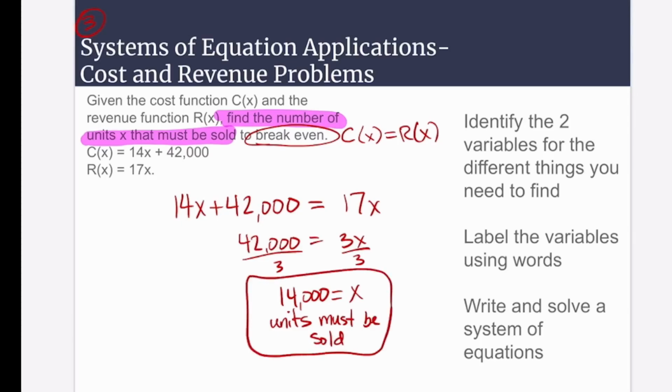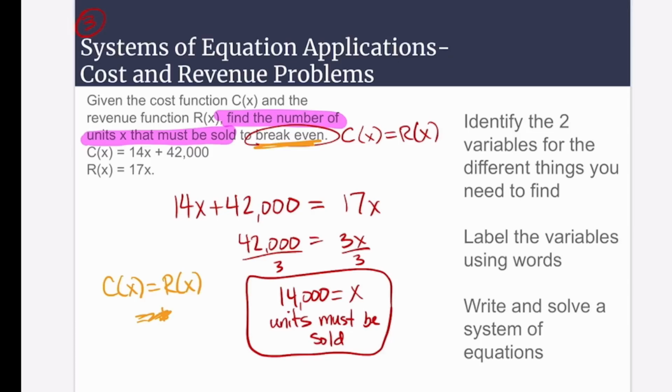We answered the question. What if they ask for the Y value? So this is saying the cost and the revenue. If we wanted to find the Y value, it's asking when it's breaking even. So C of X and R of X are essentially both going to equal, well, no, you would have to take that X and plug it in to find that.